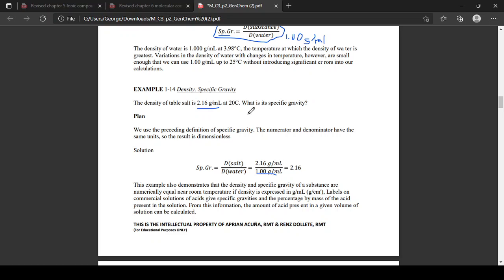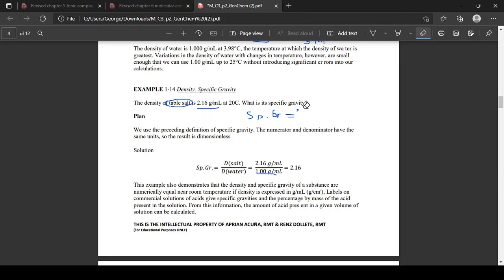So, in order to solve for your specific gravity, again, kids, the density of your substance, anong substance iyan? It is your table salt. Table salt pila? 2.16 grams per ml.